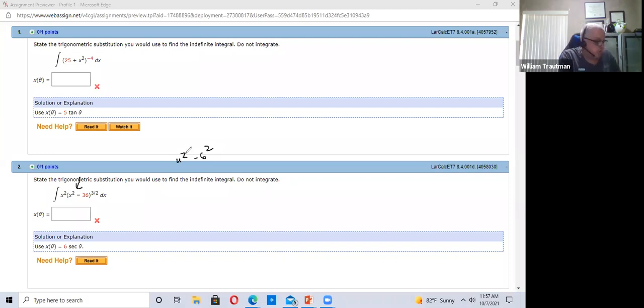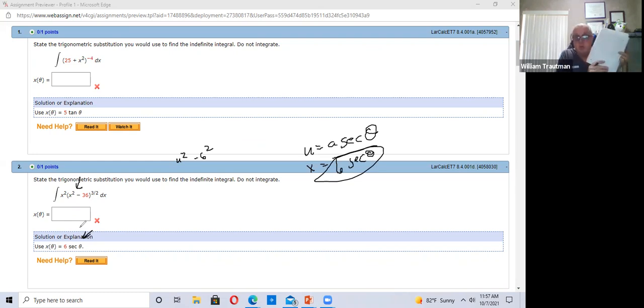Remember, that was the third case. And then it says u equals a secant theta, or you can say once again x equals, in this case, 6 secant theta. So those aren't too bad, because you just get them right off of those 3 triangle rules and conversions that they gave you.